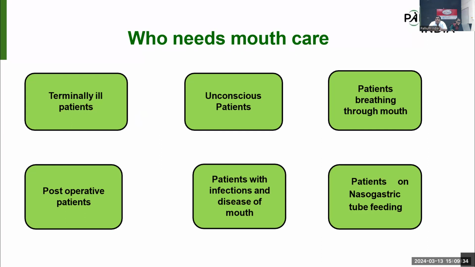The terminally ill patient has some discomfort due to poor oral hygiene. So you have to tell them to give proper oral care to the patient. Sometimes the terminally ill patient may be unconscious, so it is difficult to do the oral care. So educate them on how to give oral care to the patient.